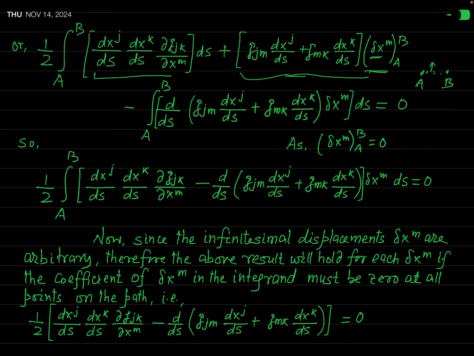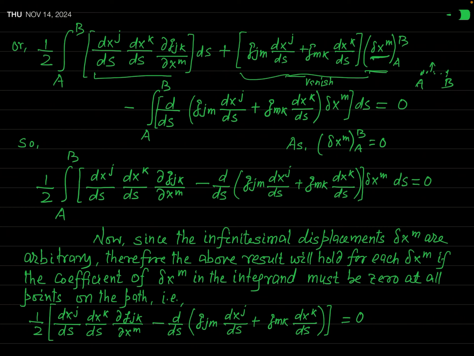So this delta x_m is 0 for the point A and also for the point B. So when you substitute the limit, this term will be 0, and this first term will vanish.